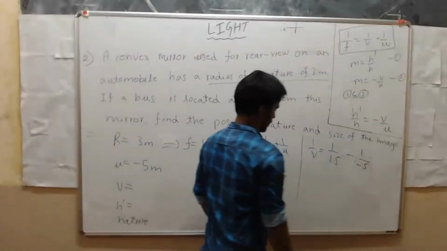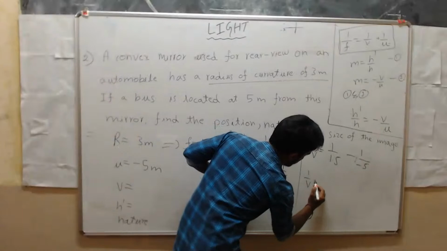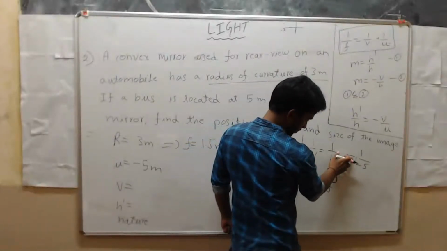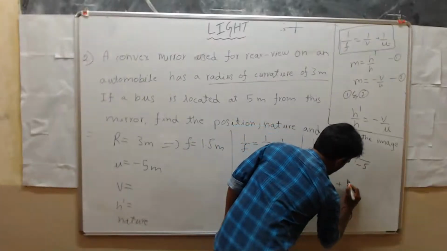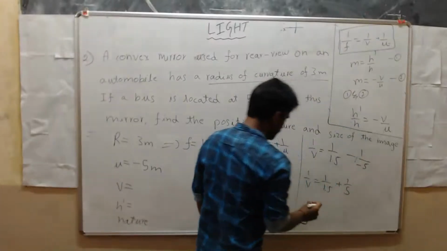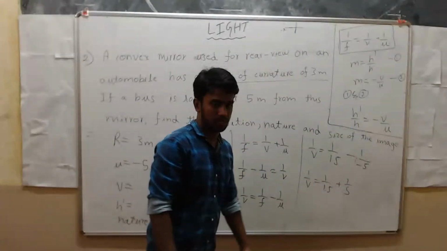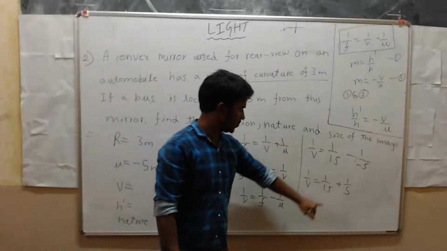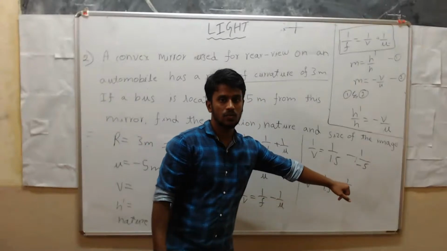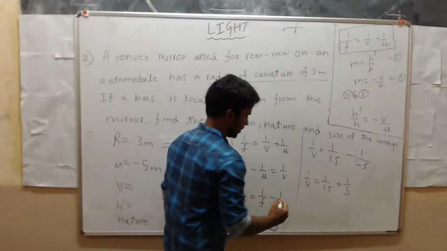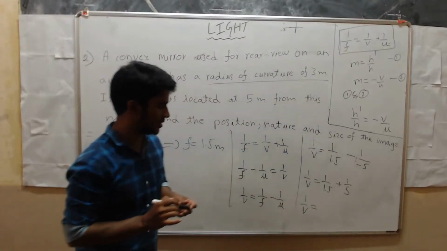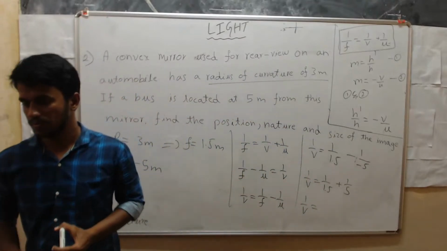So 1 by v equals 1 by 1.5, and here minus by minus is plus, so plus 1 by 5. What is the next step? Now we should take the LCM of 1.5 and 5. So 1 by v, take the LCM of 1.5 and 5.